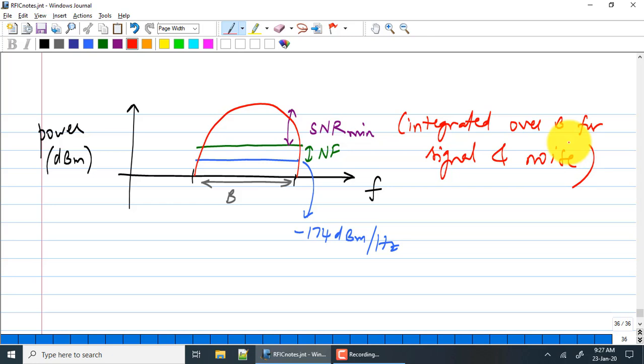Many of the newer cellular and Wi-Fi schemes do have fairly flat power spectral densities. Okay. Any questions so far? Okay, pretty straightforward stuff, nothing really fancy.